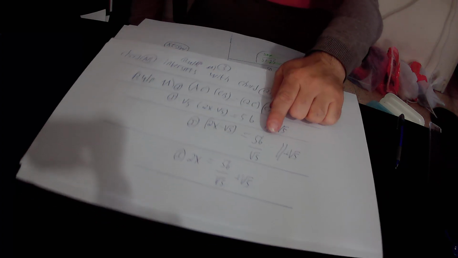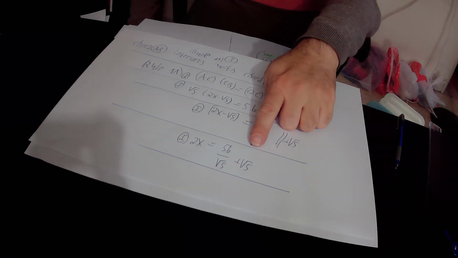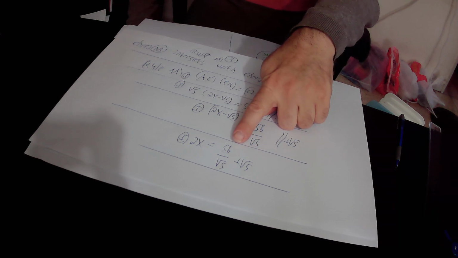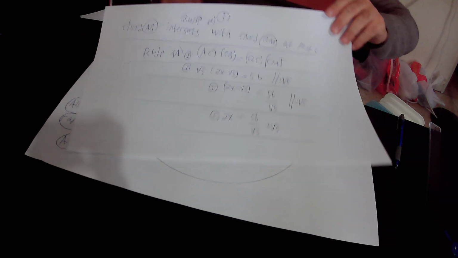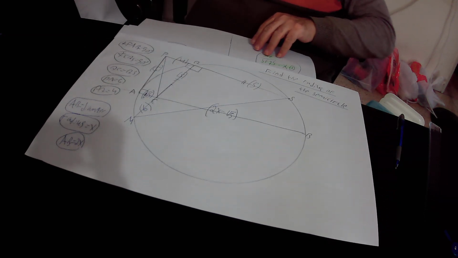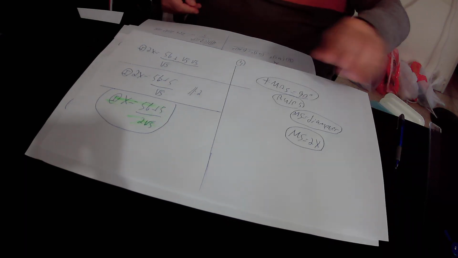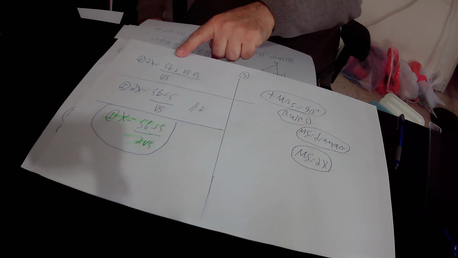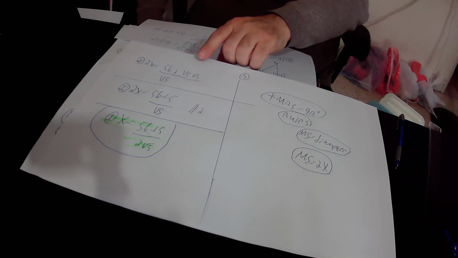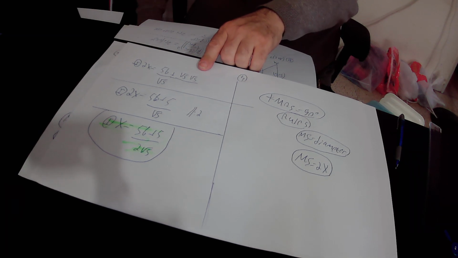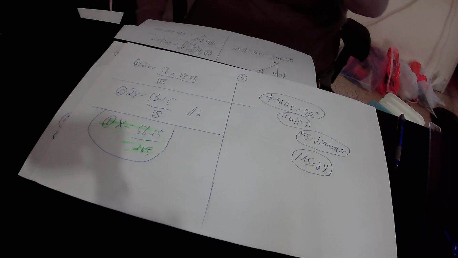In the next step, we multiplied square root of 5 by square root of 5, and then divided by square root of 5 in order to have a common factor in this expression. So here we have 5b over square root of 5, and here we multiply square root of 5 by square root of 5 and then divide by square root of 5, so we change nothing.